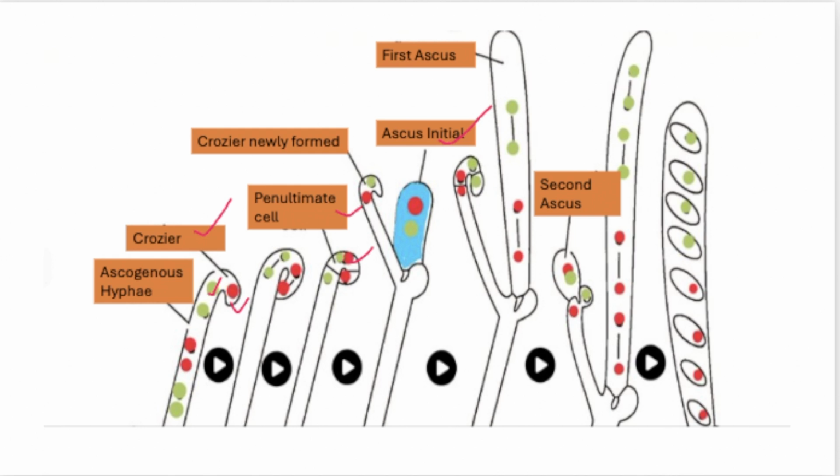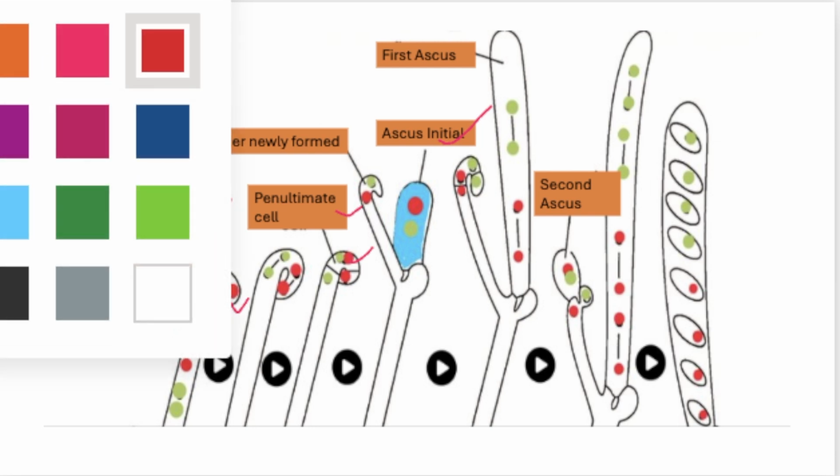ascogenous hyphae is formed, the structure that forms is known as crozier, right? This crozier is formed, the penultimate structure is formed, right? And the structure formed, the initial structure, is known as ascus initial, right?